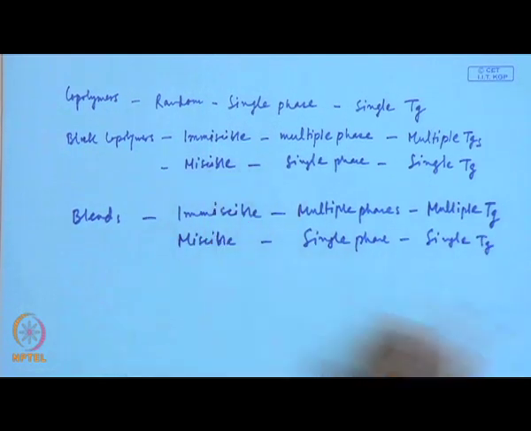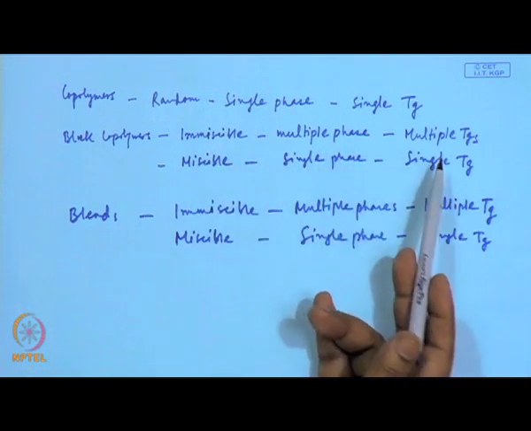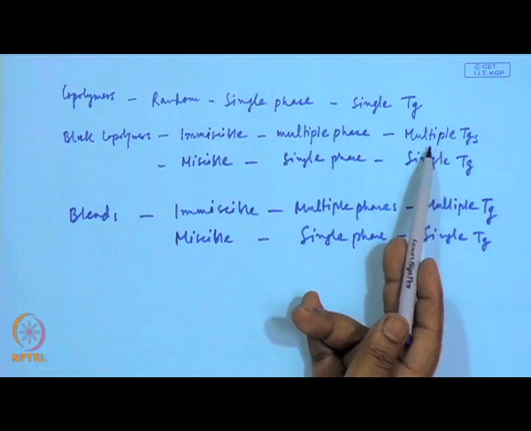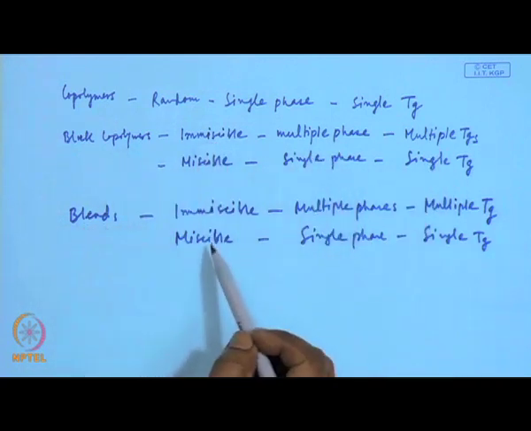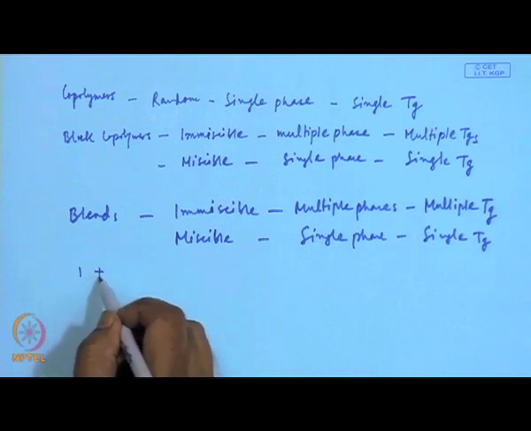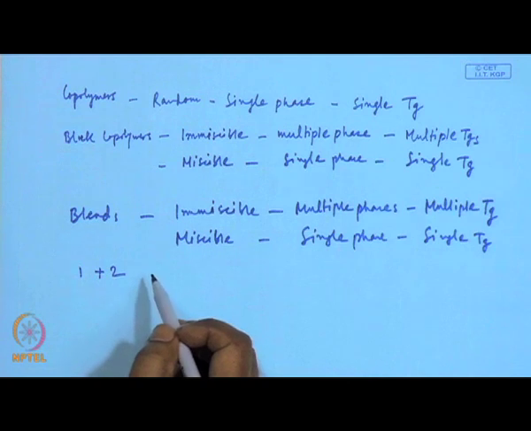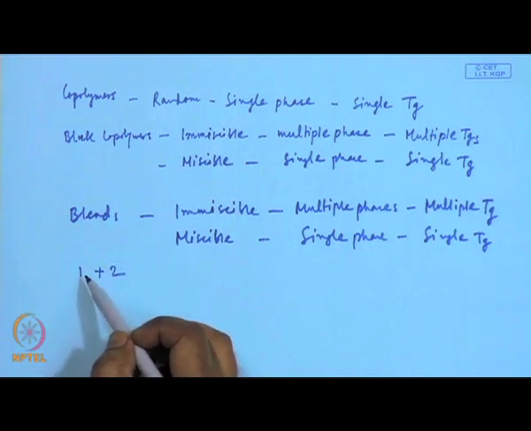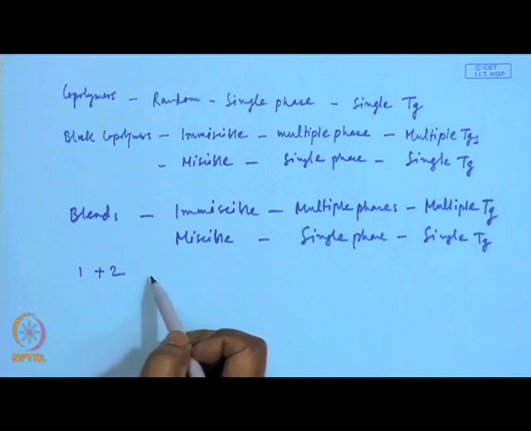For an immiscible blend, it does not matter. If you know the Tg's for the homopolymers, then you will know the Tg's for the immiscible block copolymer or immiscible blends. What is the Tg for a miscible blend? If you mix, say, component 1 and component 2 with each other, or you make a block copolymer of 1 and 2 which becomes miscible, then what is the Tg?